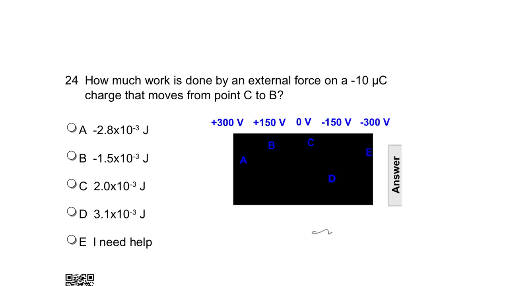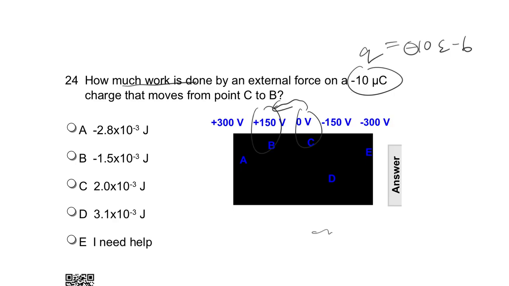Okay, here's the same kind of idea. Little q, negative 10e to the negative 6. Don't forget to keep the negative sign. How much work is done from point C to B? Okay, why do I keep on doing the same point? So C to B, we already did this the other day.